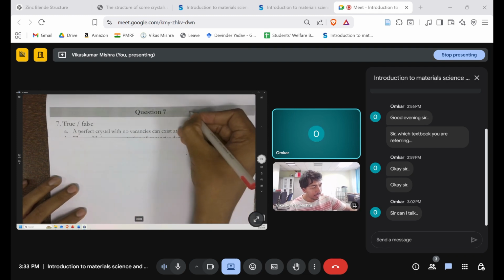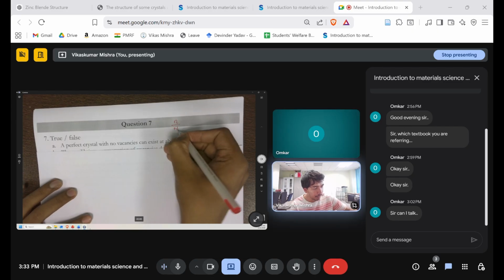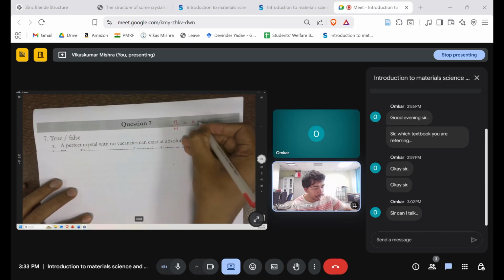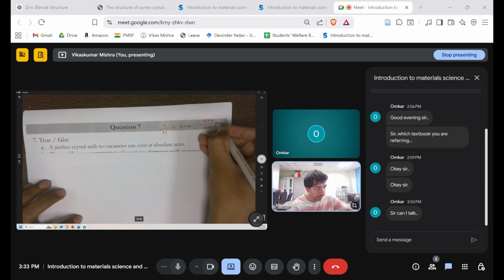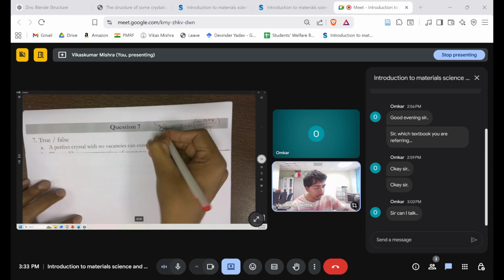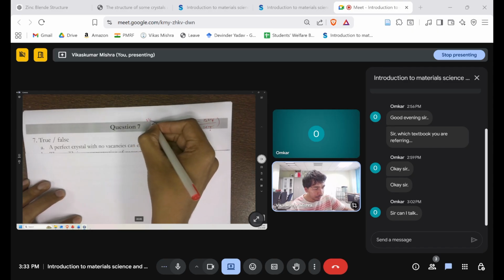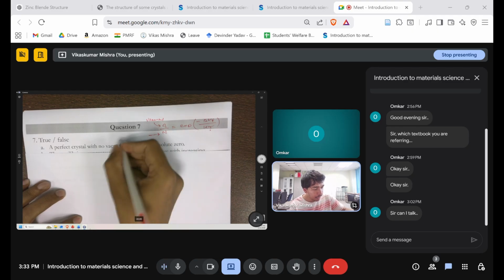See, we know that small n divided by capital N will be equal to the exponential of minus delta H_F divided by kT. This is the equation. Small n is the vacancy concentration. Capital N is the number of atoms.